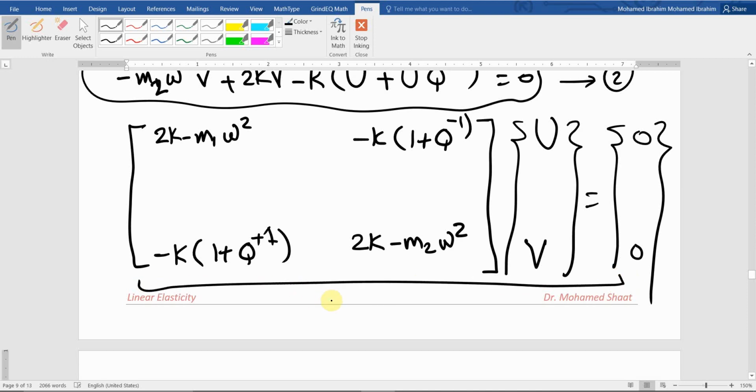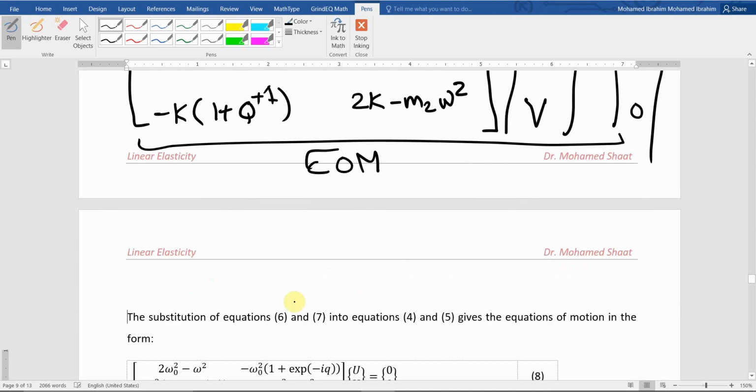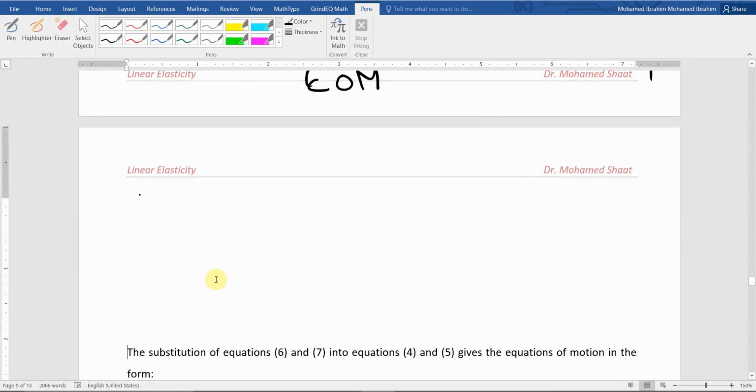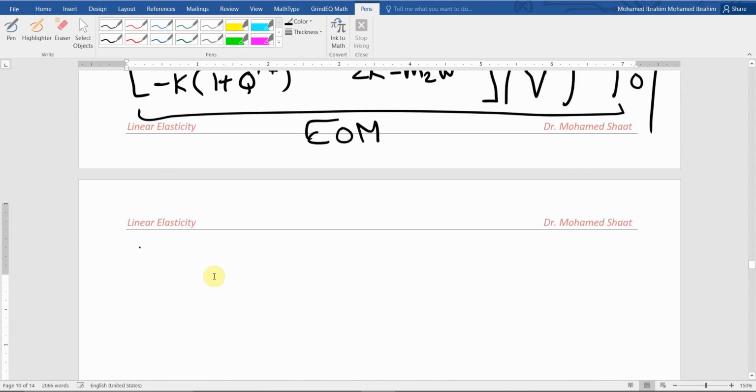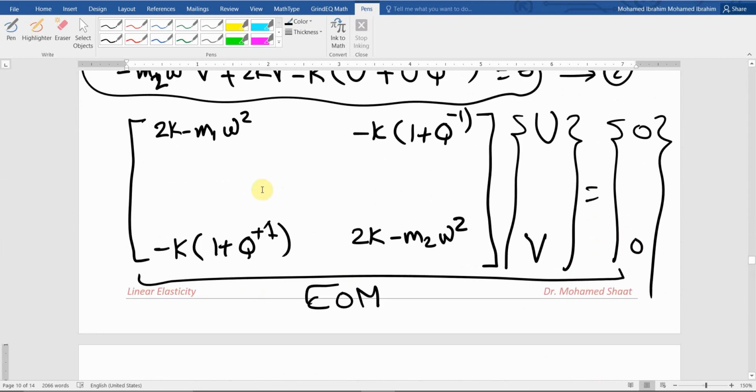If you remember in the vibration, this is the equation of motion. And then the determinant of this matrix should give us the characteristic equation, which we can get by the multiplication of this term times this one, negative the multiplication of these two terms, right?